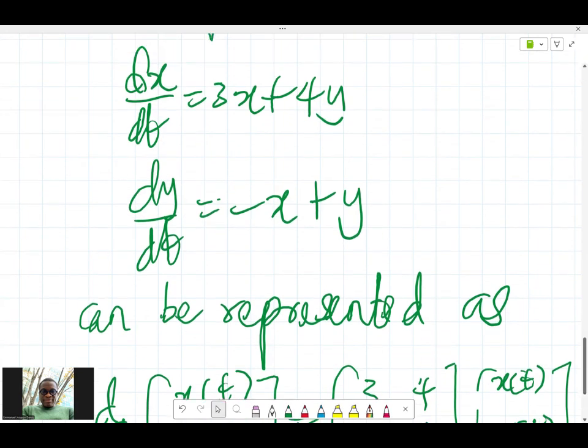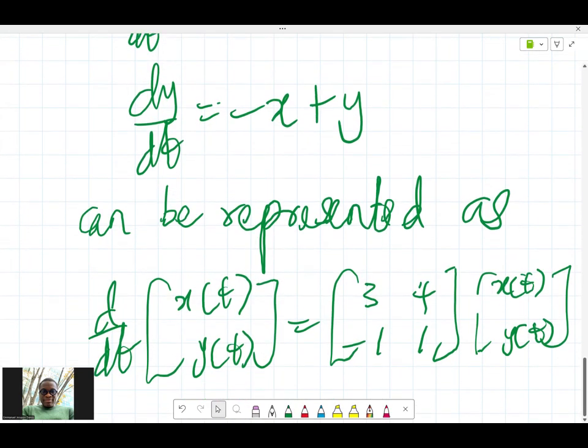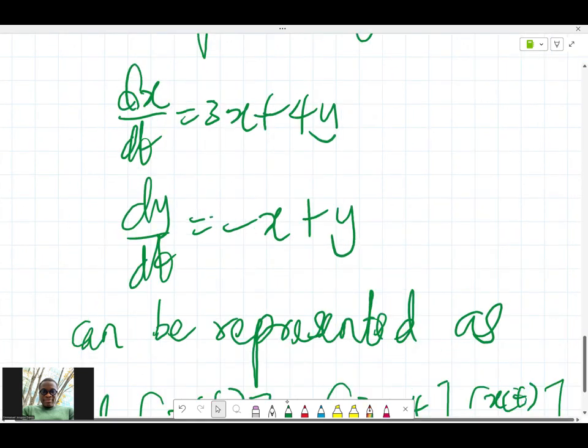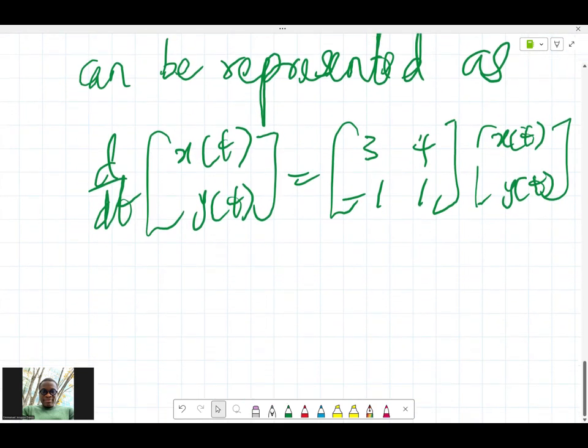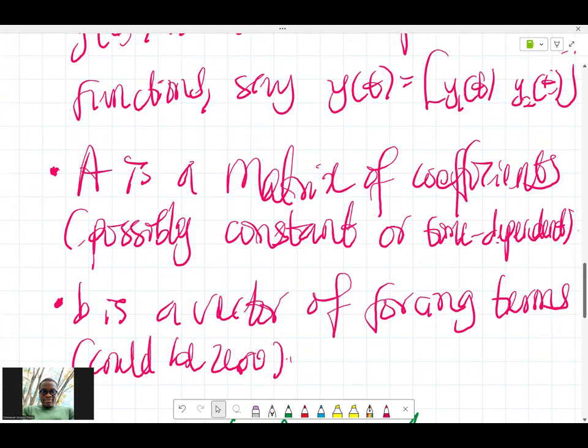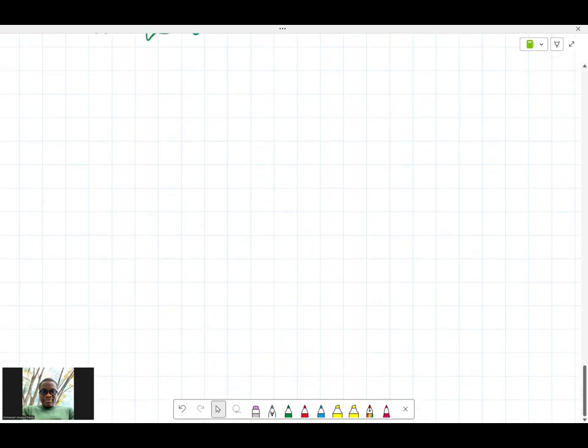As you can see, 3x plus 4y gives 3, 4, then minus x plus y gives minus 1, 1. So that's the matrix representation of that. So we can have that kind of representation going.